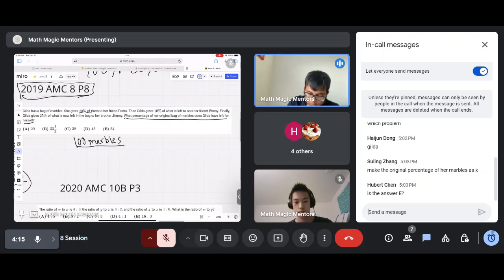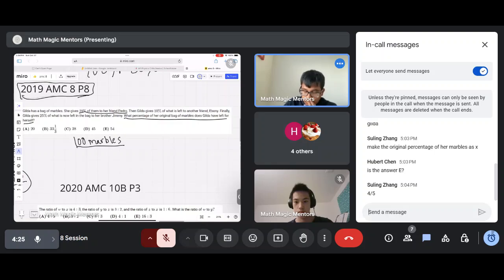And she gives 20% of them to her friend Pedro. So how many does she have left, remembering what we talked about last week? If she gives away 20%, as Suling said, yep, 4/5. 20% is 20 over 100, which is a fifth, right?